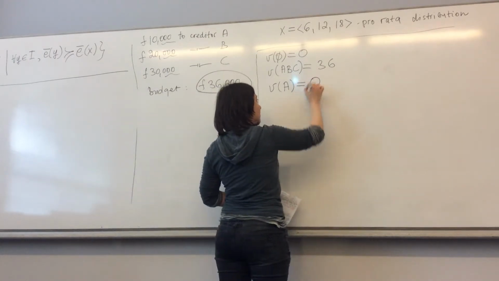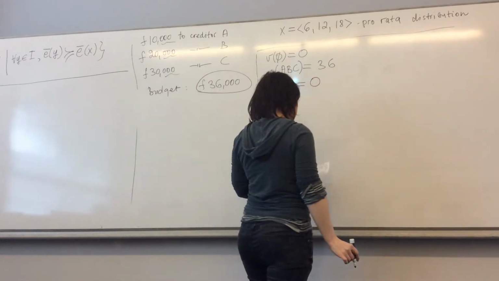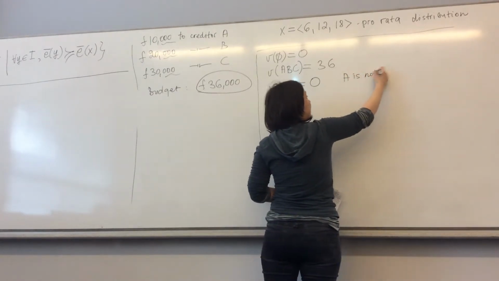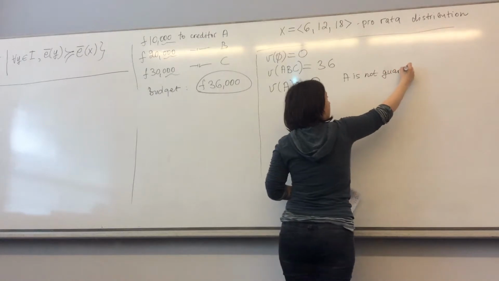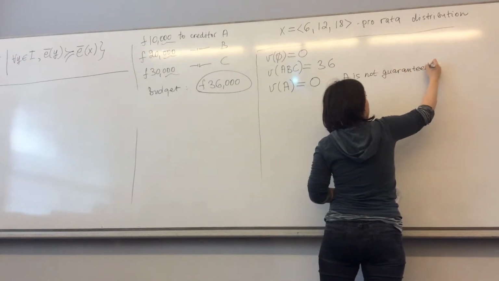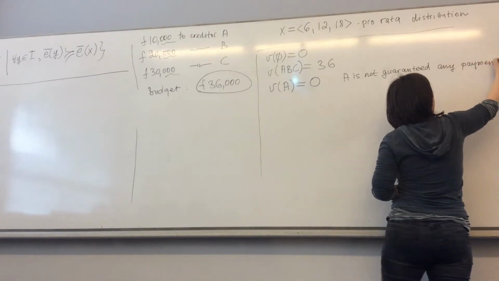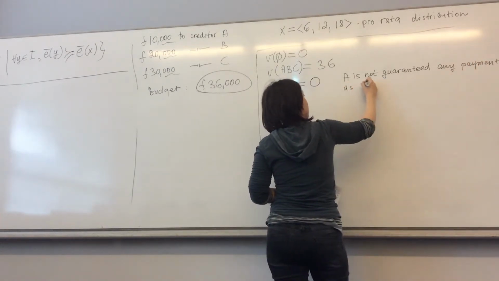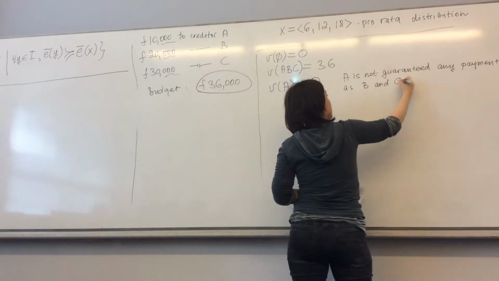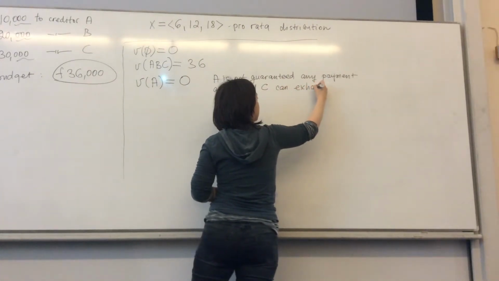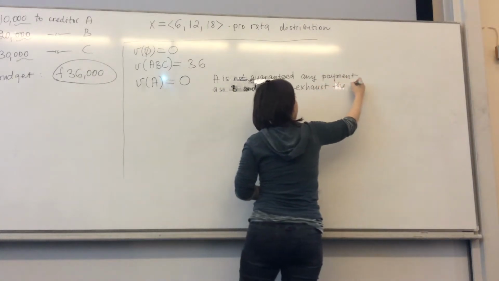So his value on his own would be 0, right? A is not guaranteed any payment, as B and C can exhaust the budget.